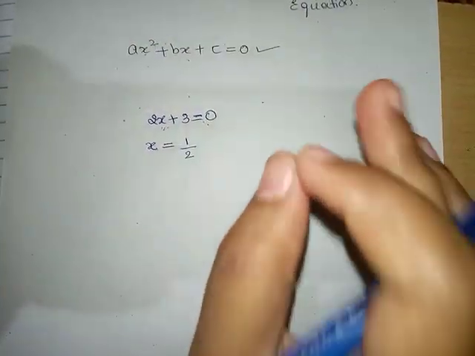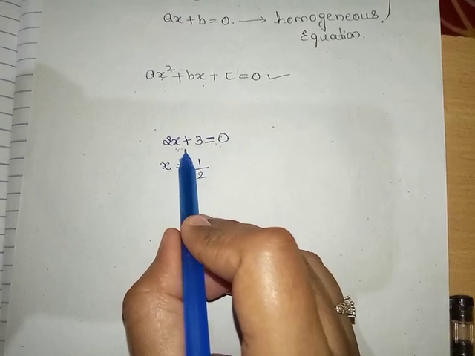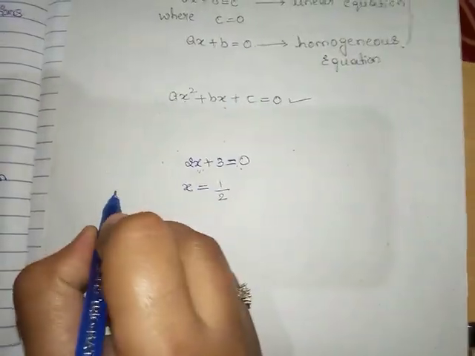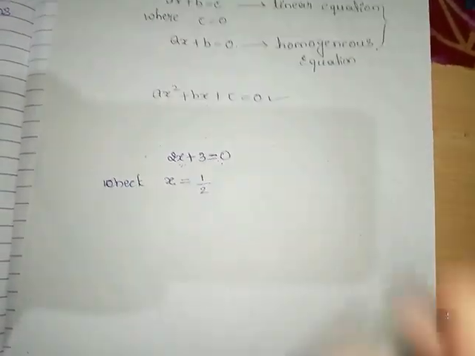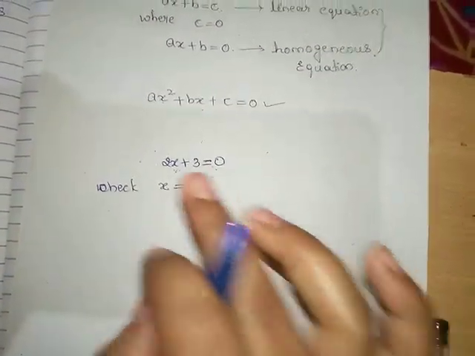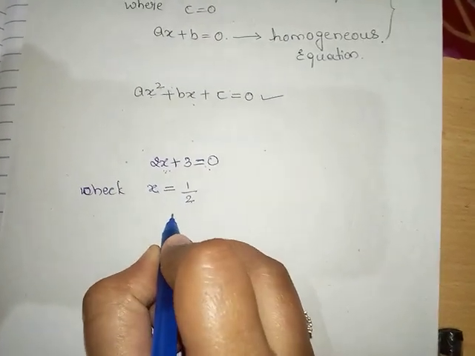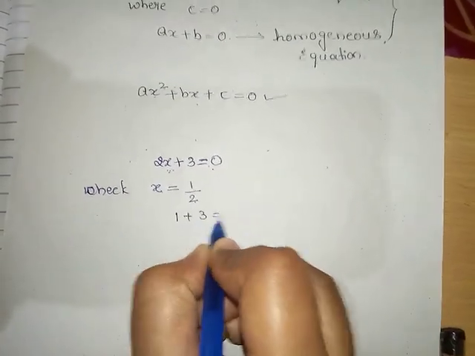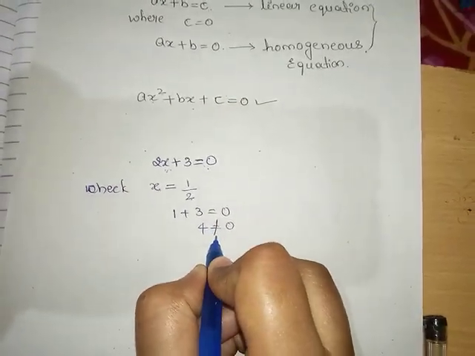We are not directly going to the x value that gives LHS equal to RHS. Let us check one by one. Check if x is equal to 1 by 2. When we substitute x is equal to 1 by 2, we get 1 plus 3 is equal to 0, that is 4 is equal to 0, which is not true.